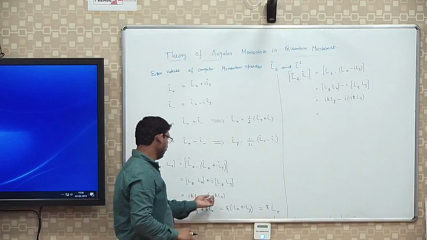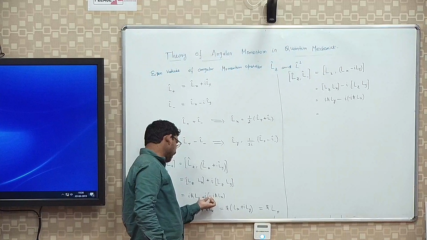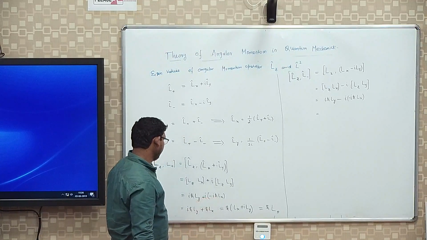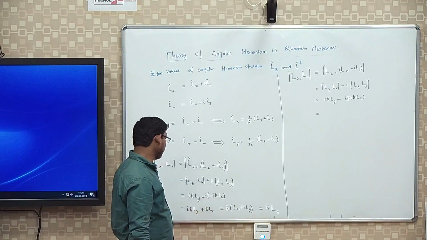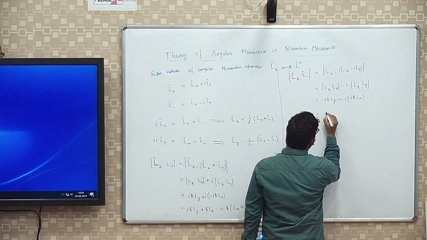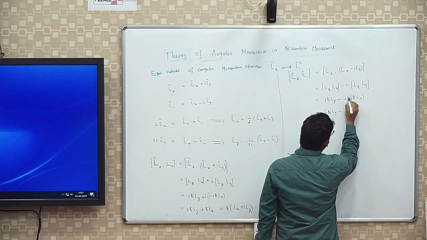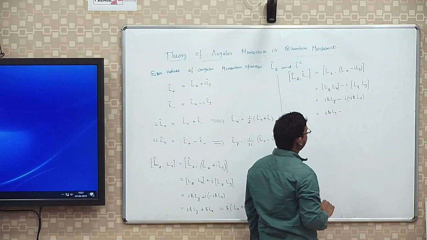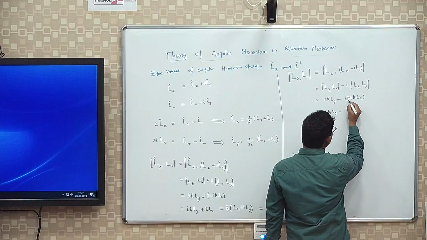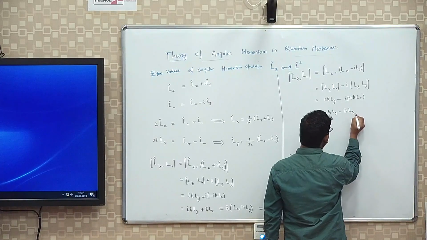So this i squared will give you minus 1, already one negative sign is there, then this will become positive sign only. Similarly, if you look at here, then i h cross Ly minus i squared, then this will be the positive quantity, h cross Lx.